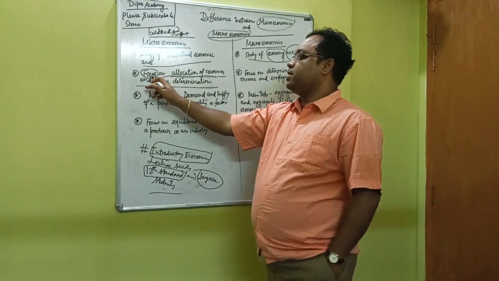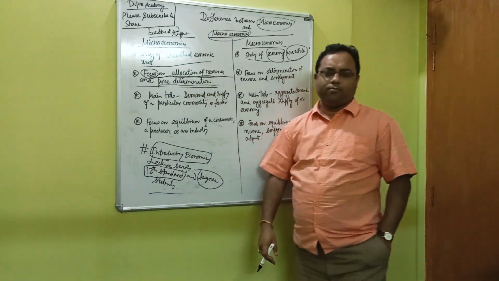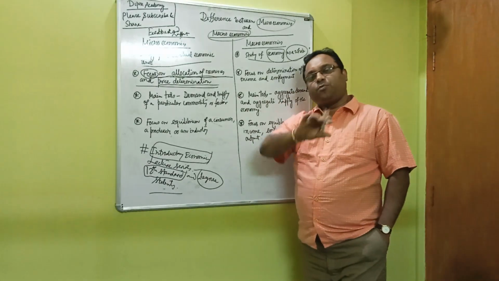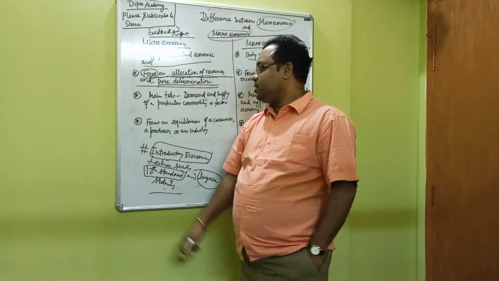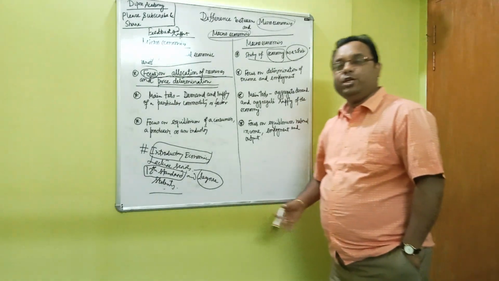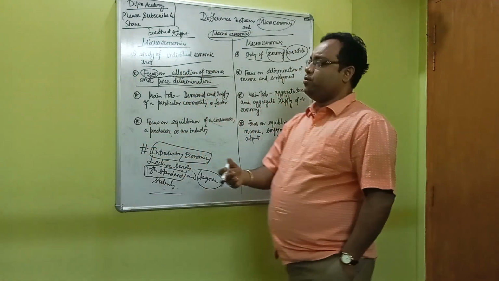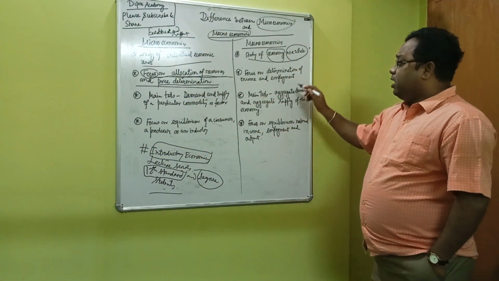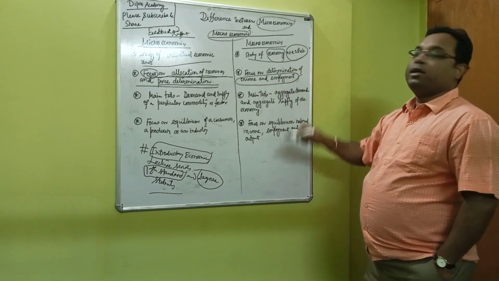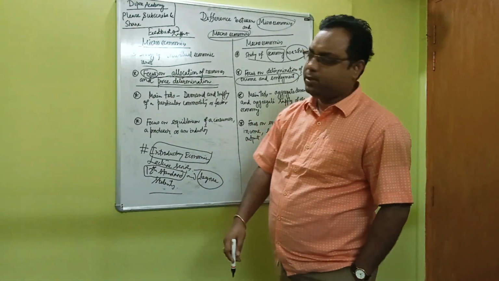So this is product pricing theory and factor pricing theory, which we will continue in the microeconomics lecture series, topic wise. The focus of macroeconomics is the determination of income and employment of the country. That is why it is known as the theory of income and employment.